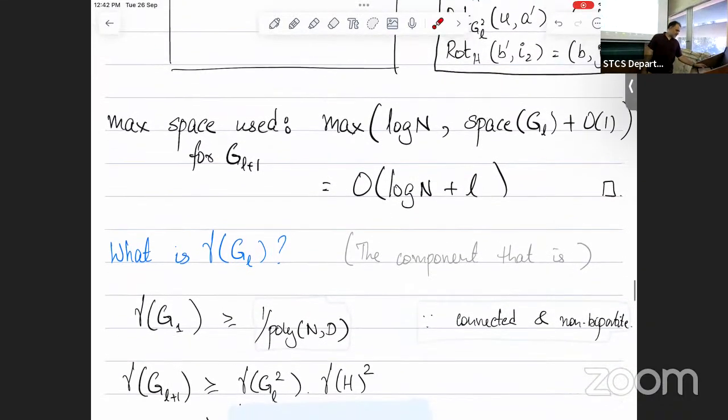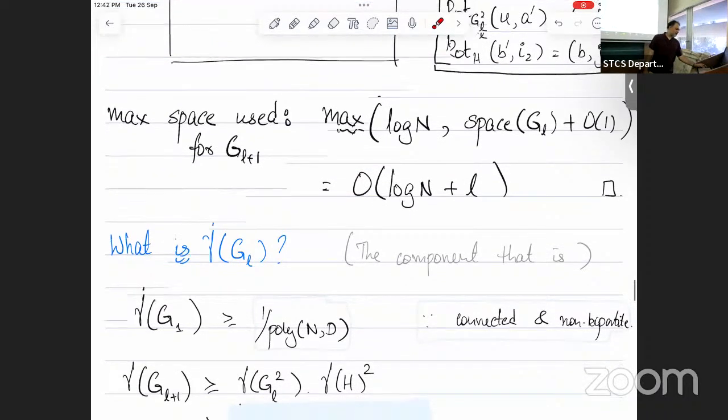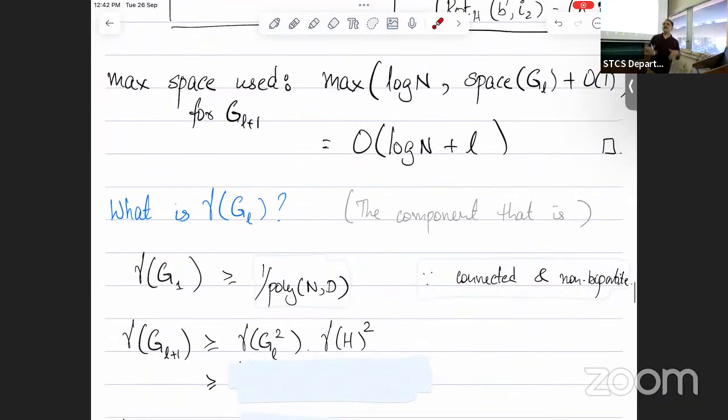And now let's ask ourselves, what is going to happen for the spectral gap of G_{L+1} for larger L? For L equal to 0, we know that it's like 1 over poly(n). But for larger L, what is it? By our zigzag result on how the spectral gap varies, notice that it is gamma of the zigzag product times gamma of H, the whole squared.